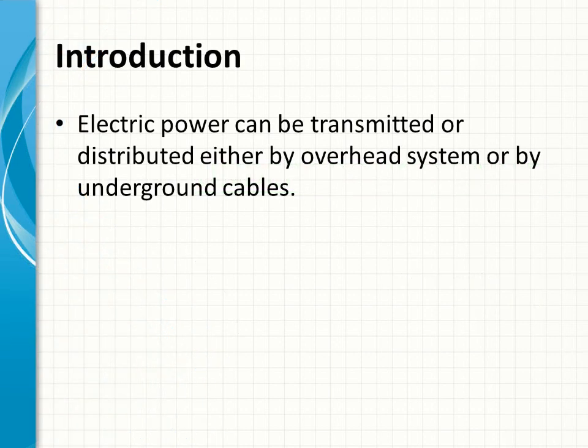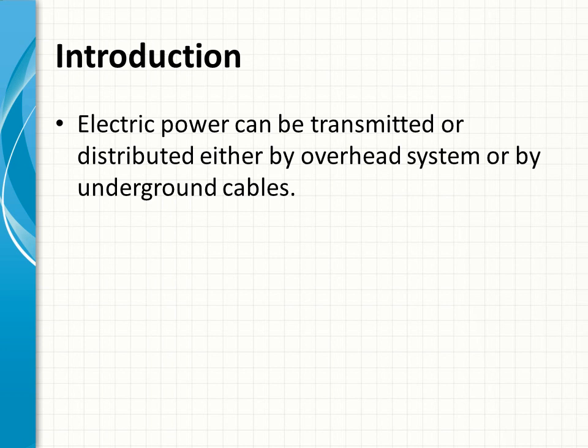We're going to begin with the introduction, whereby underground cables is a case where we have cables that have been laid under the ground, and then current is passed through from the substation to the load end, where the power supply is intended to be used.